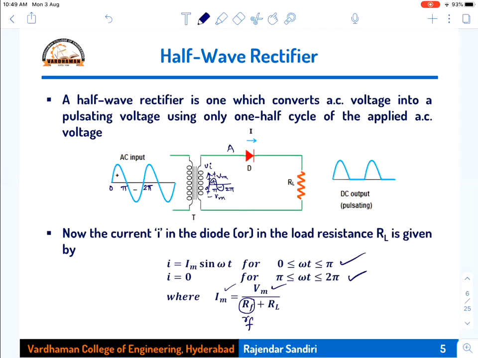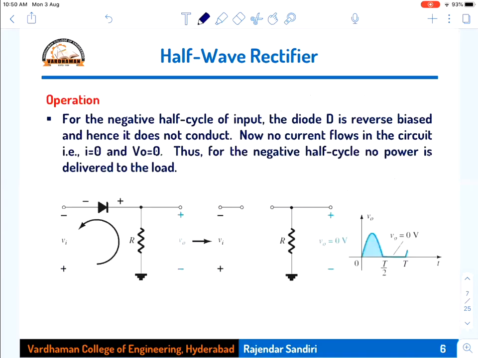Therefore, we can write it as small rf plus capital RL, where small rf is the dynamic forward resistance. So Im is equal to Vm divided by rf plus RL, which is the relationship between Im and Vm. This is the input and output of the rectifier, and the same thing is expressed in the operation here.